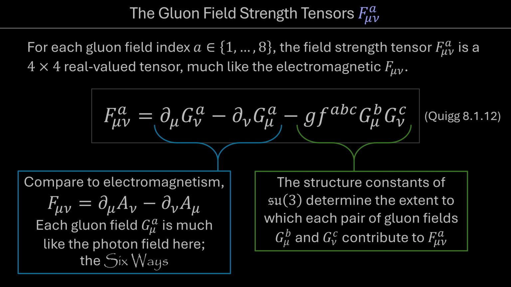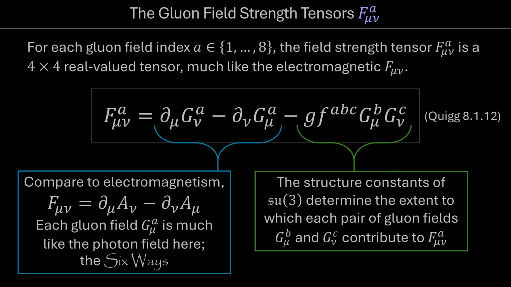But notice also that this product is weighted by the structure constants of SU3. And so the non-Abelian nature of SU3 is what determines the way in which the gluon fields interact. And we'll take a closer look at that in the next video when we explore the Lagrangian of quantum chromodynamics.